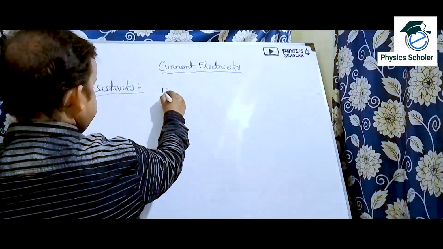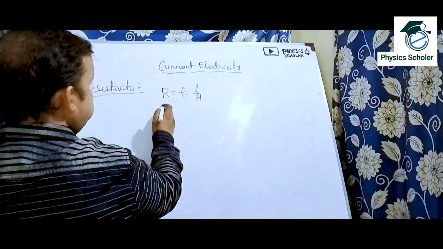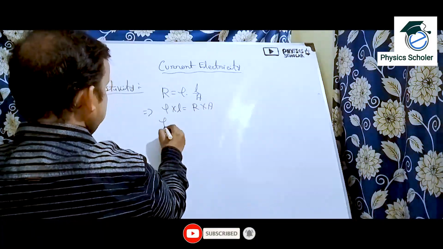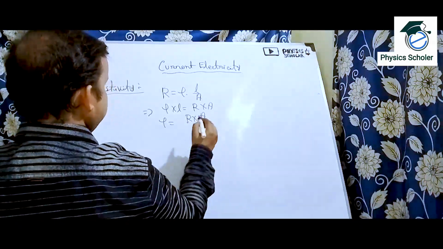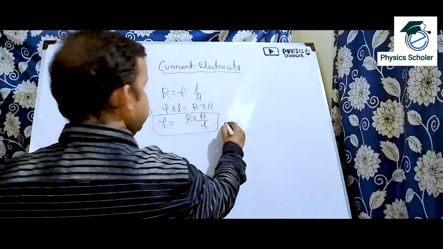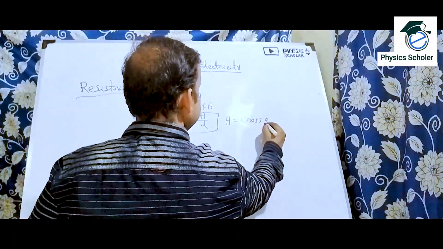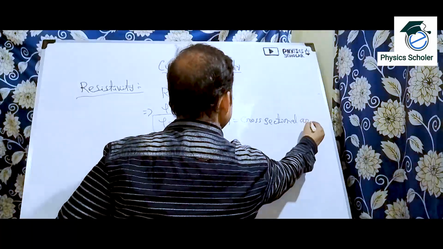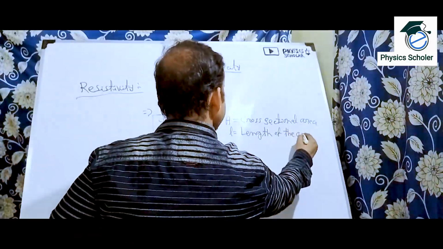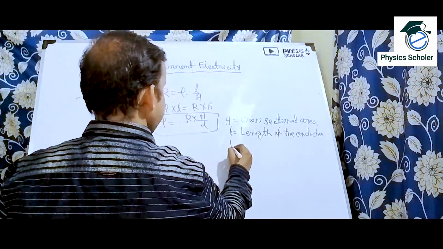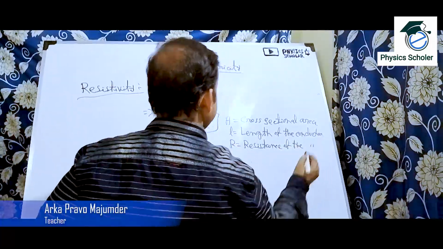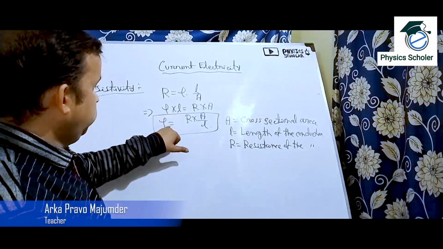Resistance R is equal to rho into L by A. If we cross multiply, rho into L is equal to R into A. So rho is equal to R into A by L. Here A means cross-sectional area, L means length of the conductor, and R means resistance of the conductor. So rho is equal to R into A by L.